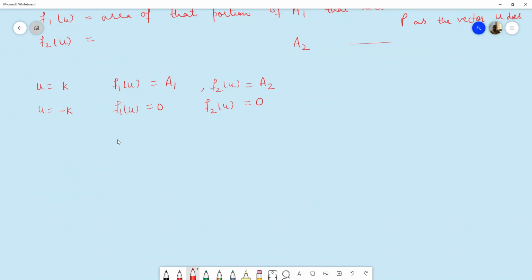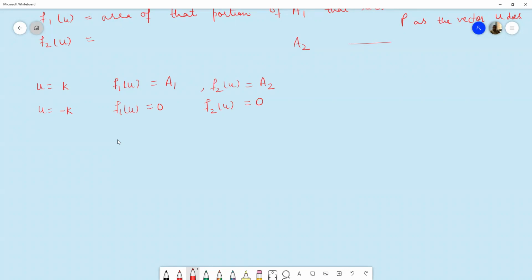Secondly, if we replace U by minus U, then we get the other half portion of the areas. So we can say that F1U plus F1 of minus U is equal to the whole area A1. Because if we take minus U instead of U, we take the area of the other portion which we have left.